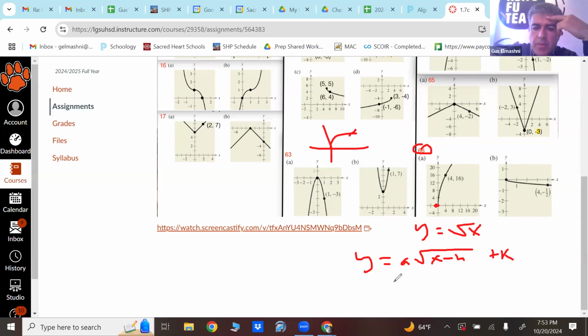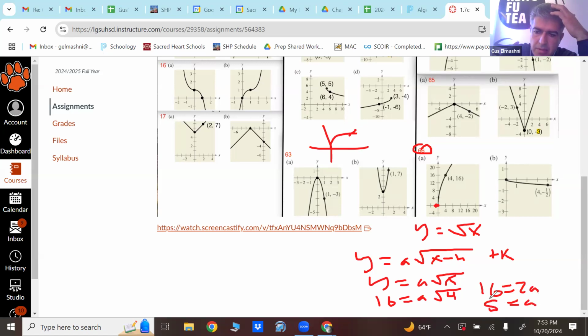So what you could do is say y equals a root x. Now plug in 16 for y and 4 for x to solve for a. What does a equal? 8. Exactly.